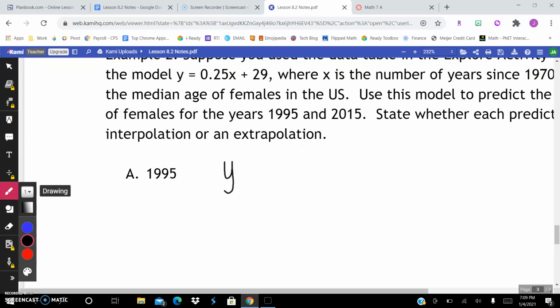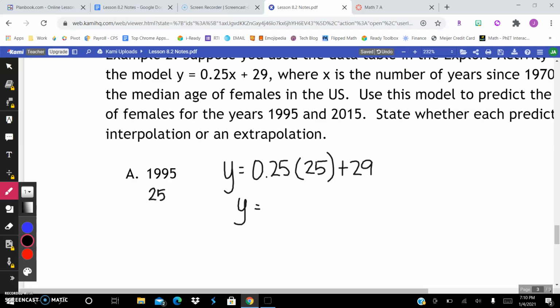So for our first x value, 1995 is 25 years away from 1970, so we have to plug in 25 for x. And when I plug this in, 0.25 times 25 plus 29, we get 35.3.